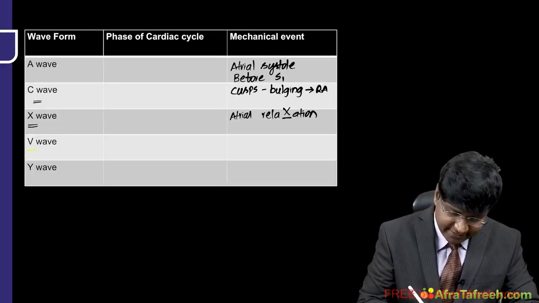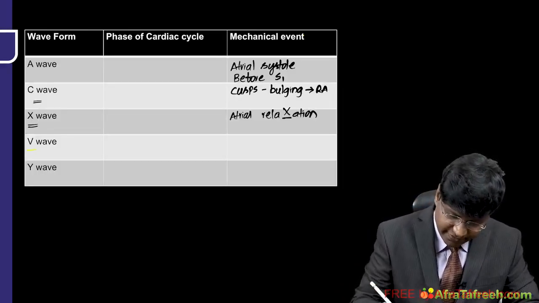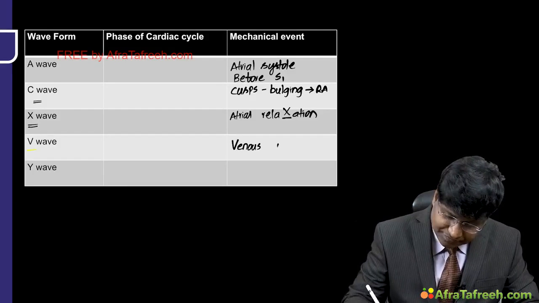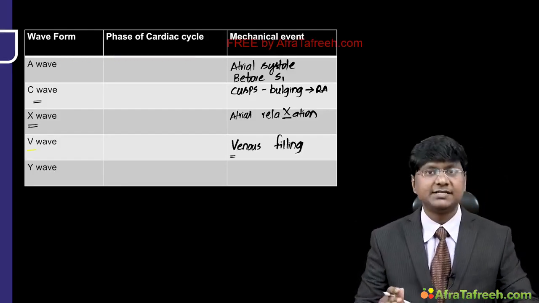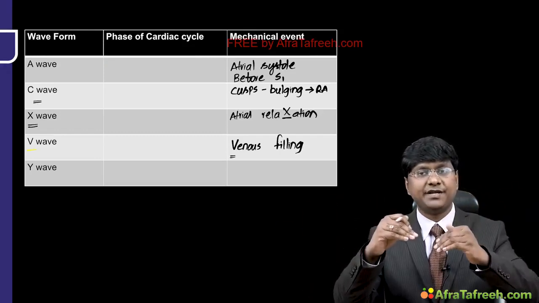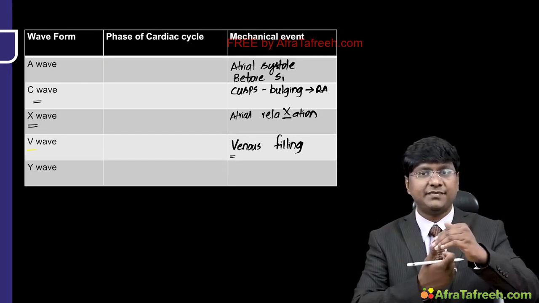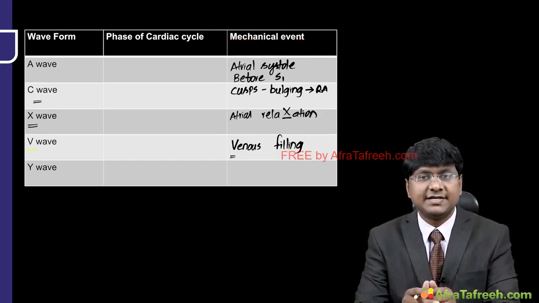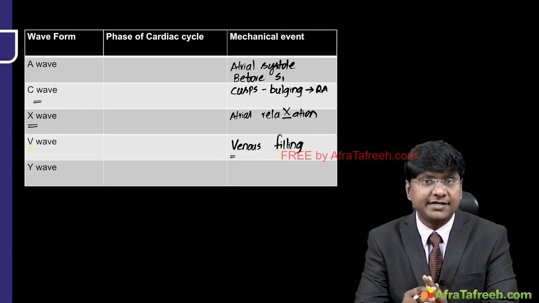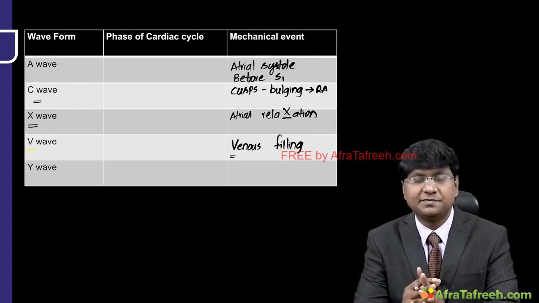Then followed by that is the V wave. The V wave is again a positive wave, and that is due to venous filling. The right atrium is receiving blood from the superior vena cava as well as the inferior vena cava. Once the right atrium receives this blood, the right atrial pressure increases, and thereby you get this V wave.